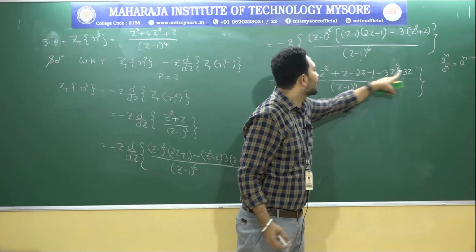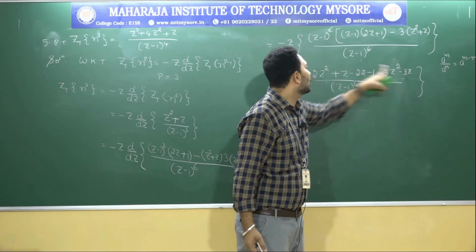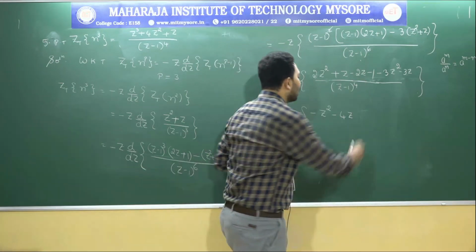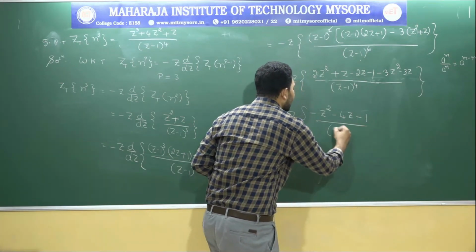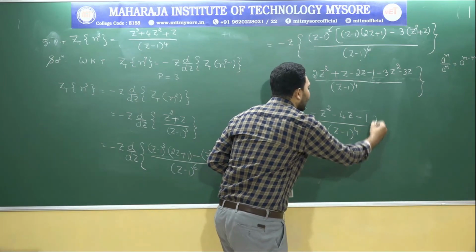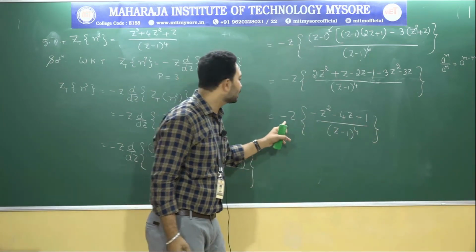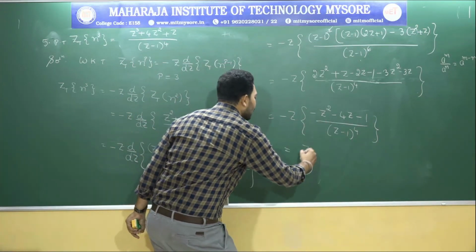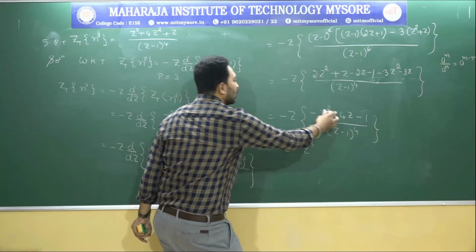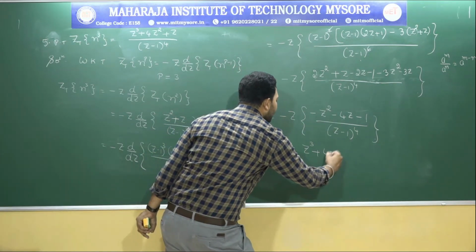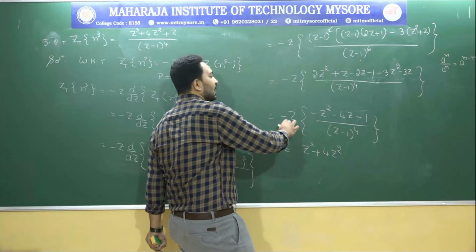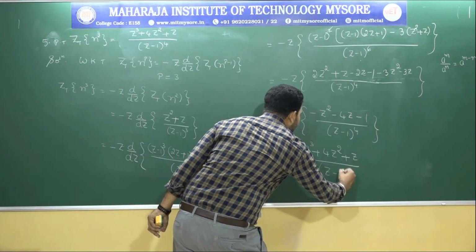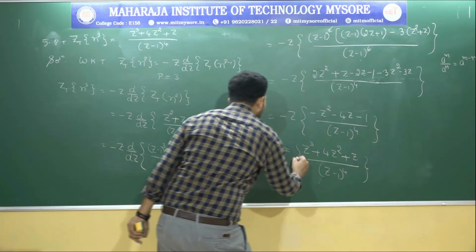Next, minus 2z minus 3z is minus 5z plus z is minus 4z. Next, minus 1, divided by z minus 1 power 4. So multiply this minus z inside, we'll get minus z into z square, that is z cube, minus z into minus 4z, that is 4z square, minus z into minus 1, that is plus z, divided by z minus 1 power 4.